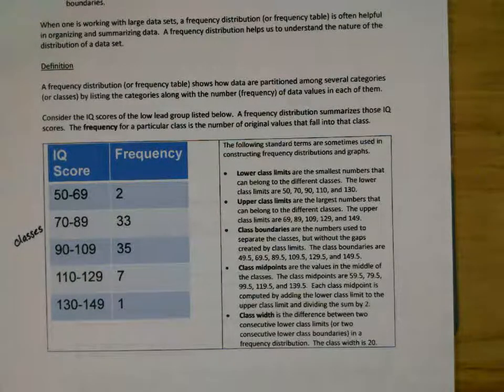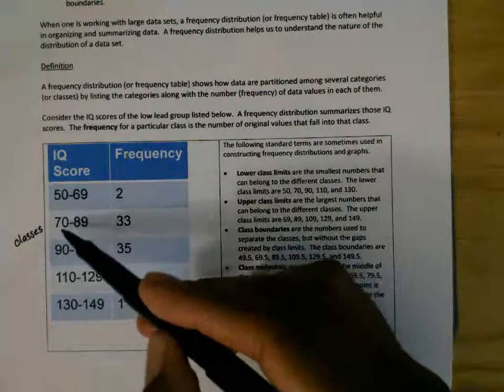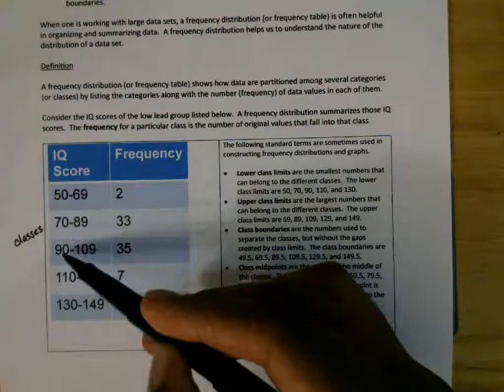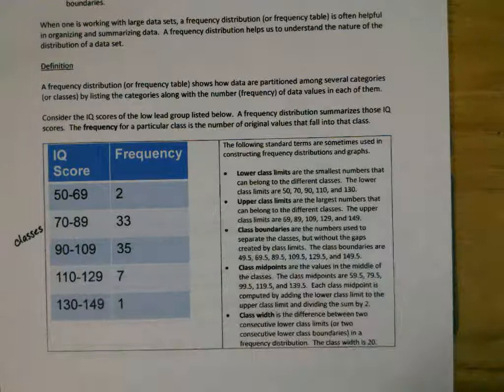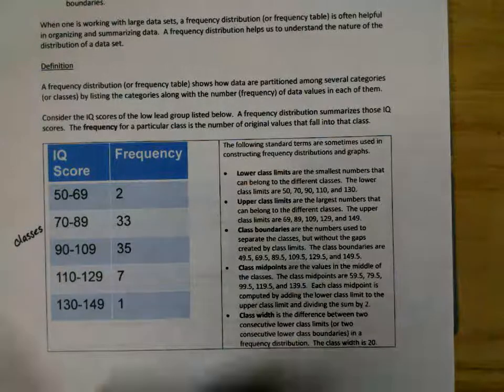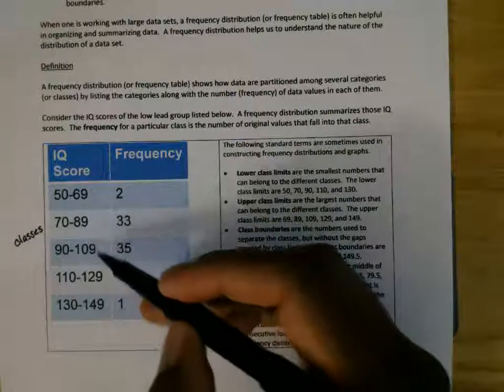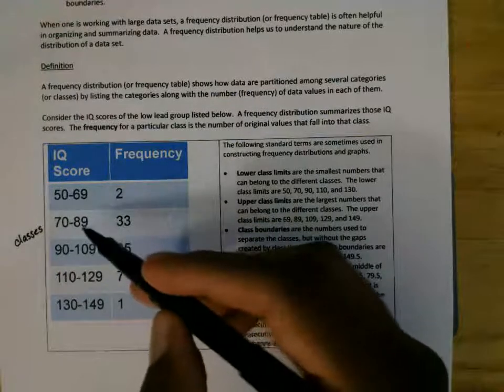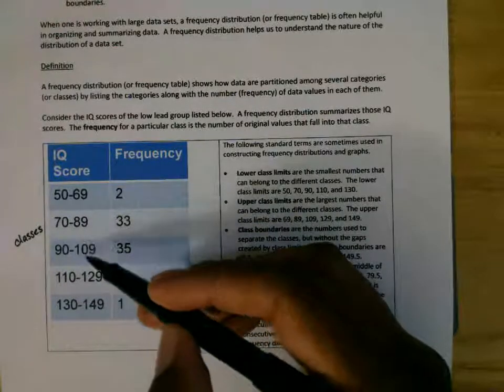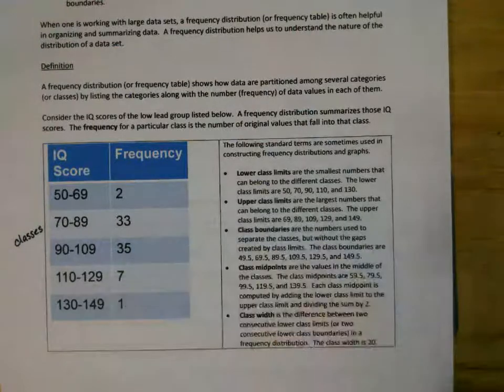So if you look at this table, the 50, 70, 90, 110, and 130, those are your lower class limits. We also have upper class limits. Those are the largest numbers that can belong in those different classes. So here, these are your upper class limits: 69, 89, 109, 129, and 149.